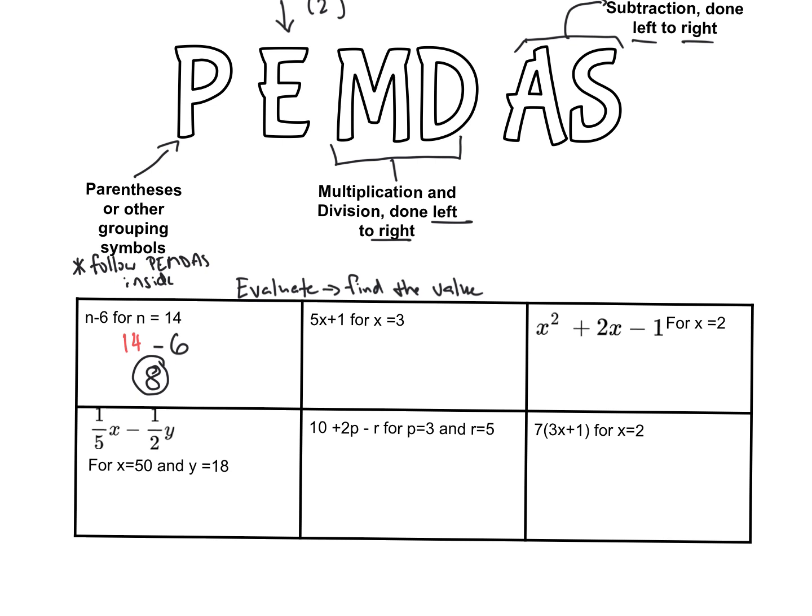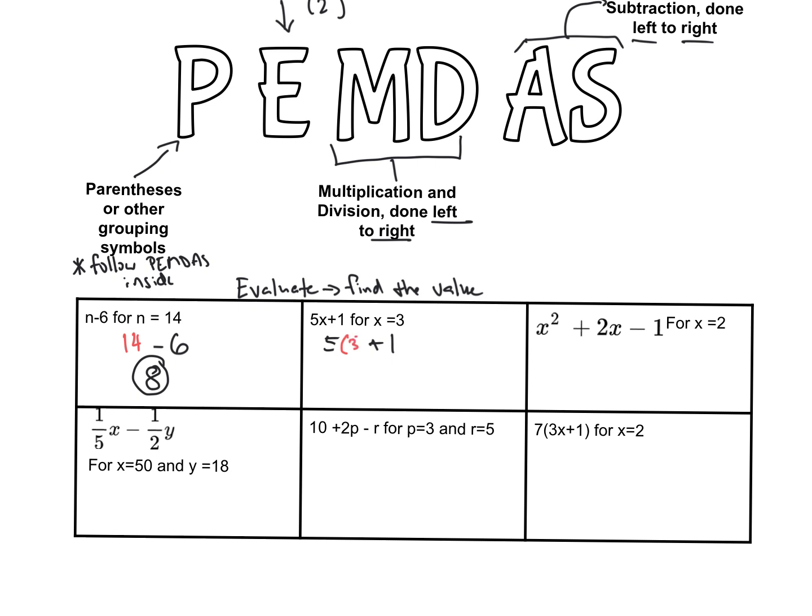All right, on our next one, we have 5 times x plus 1. Our value is 3. And remember, when a number is written next to a variable, this means that this is being multiplied. So I'm going to take our x out, and I'm going to substitute in what is equal to x, so in this case 3.